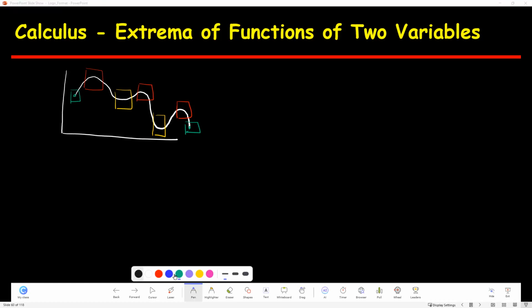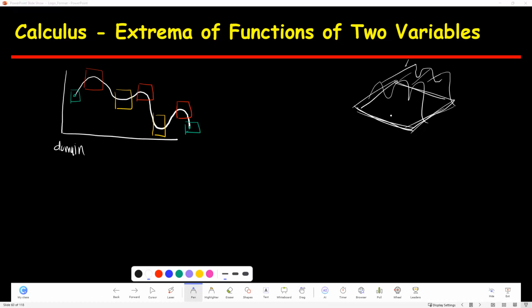Let's rerun this whole definition one more time and see what we got. What is on the x-axis? On the x-axis I have my domain. Remember, I just showed you something like this, and if you see it from the top, it's going to look like this white rectangle, which is my domain.